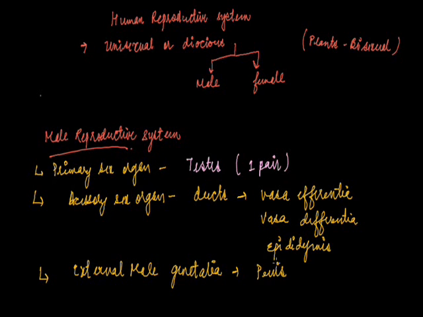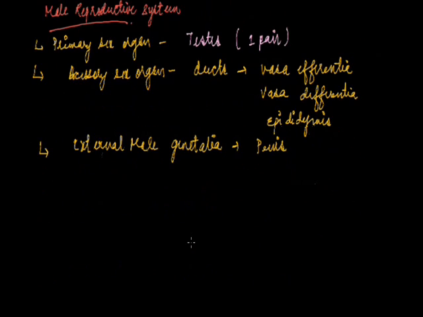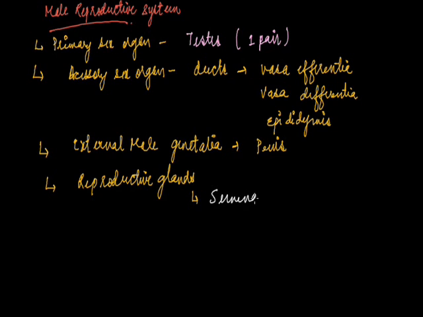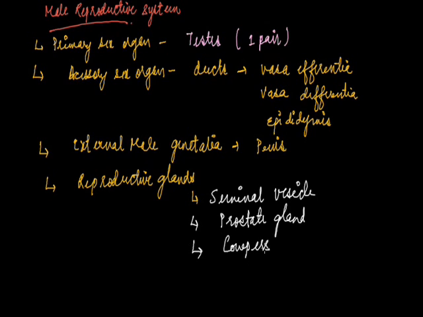Apart from these organs, males have some accessory glands also, or you can say reproductive glands, that include the seminal vesicle, prostate gland, and the corpus gland. The corpus gland is also known as the bulbourethral gland.